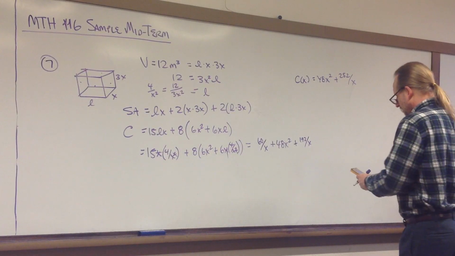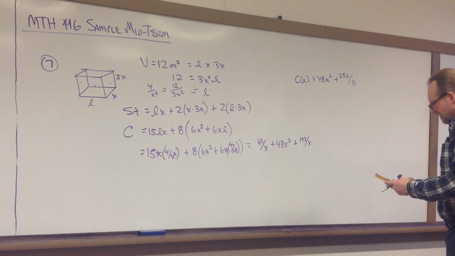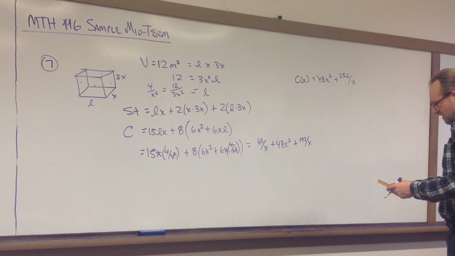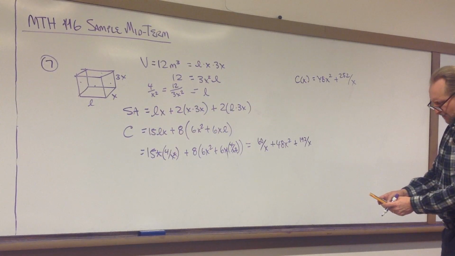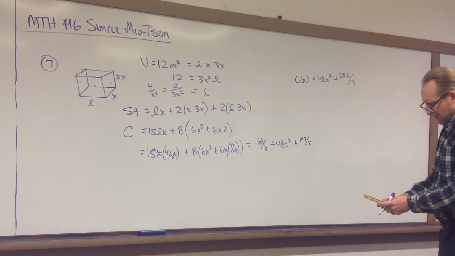Okay, so let's go ahead and graph this. 48x squared plus 252 over x. Let's see, let's look in the table here. I'll make my y maximum 300. And my x maximum doesn't need to be very big. I'm going to make it 5.